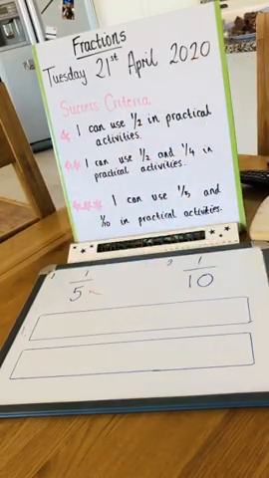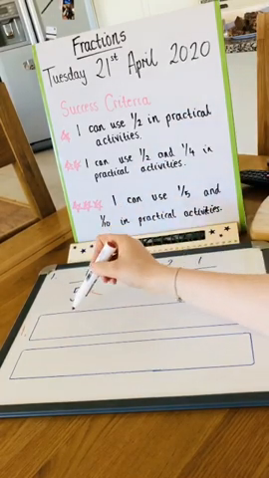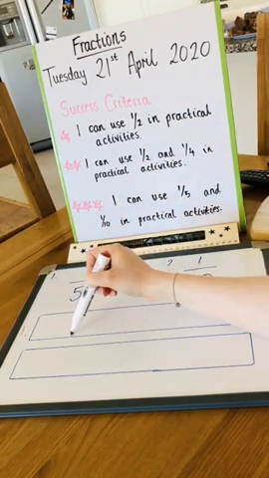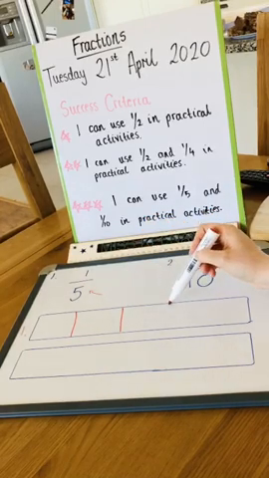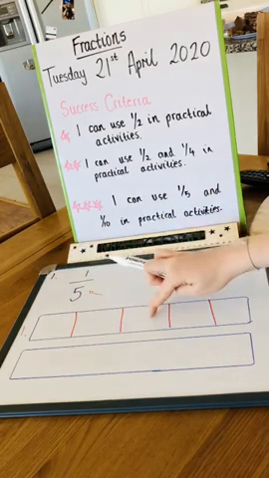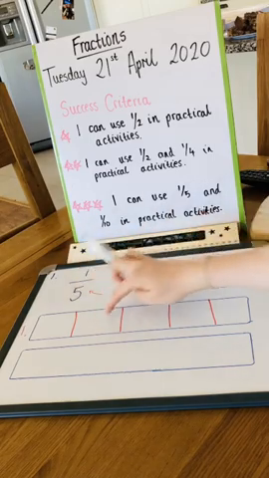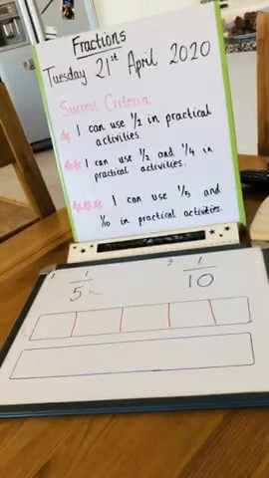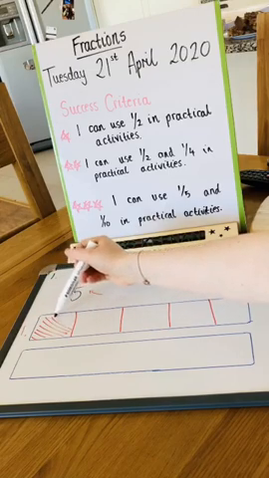So let's split our first one into 5 parts. Remember that your parts need to be as equal as you can make them. 1, 2, 3, 4, 5. Okay, so here we have 5 parts, but we only want 1/5. So we need to just colour in one of the fifths.